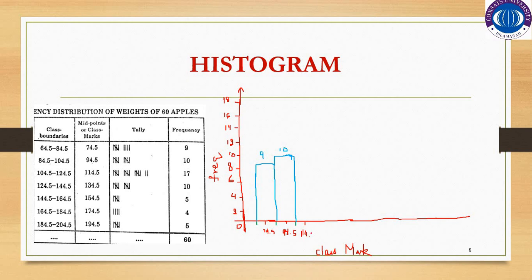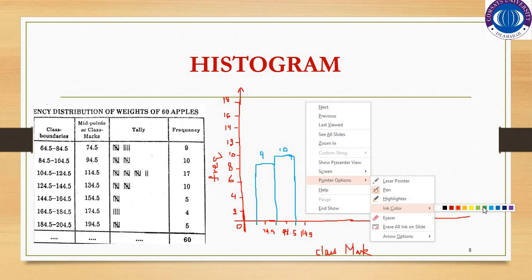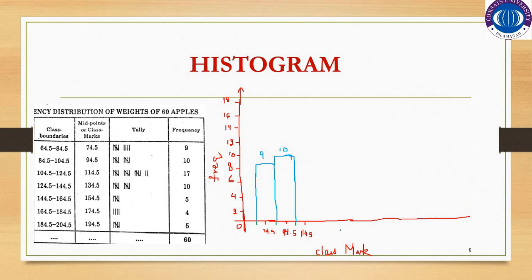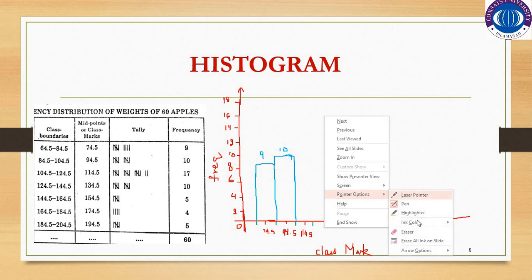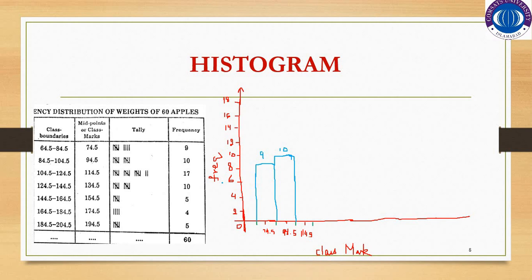The lower class boundary is 104.5, and the upper class boundary is 124.5, which is somewhere here, and the height is representing the frequency, which is 17, somewhere here between 16 and 18.